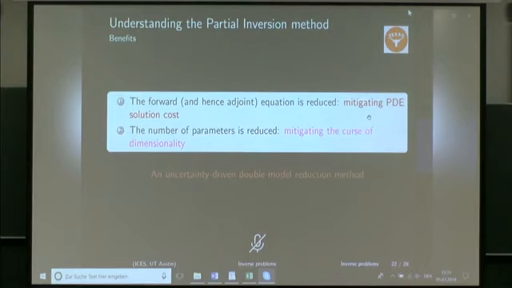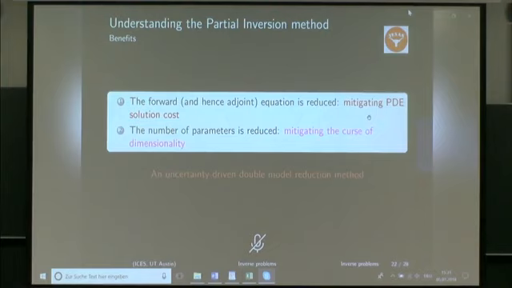But if you think about the Bayesian inverse problem, where you have to solve the forward problem again and again, then this becomes beneficial. In particular, each forward equation is now smaller because we are in the omega I, which is a smaller domain. So you actually reduce the number of states immediately by throwing away the domain that is not well informed by the data.